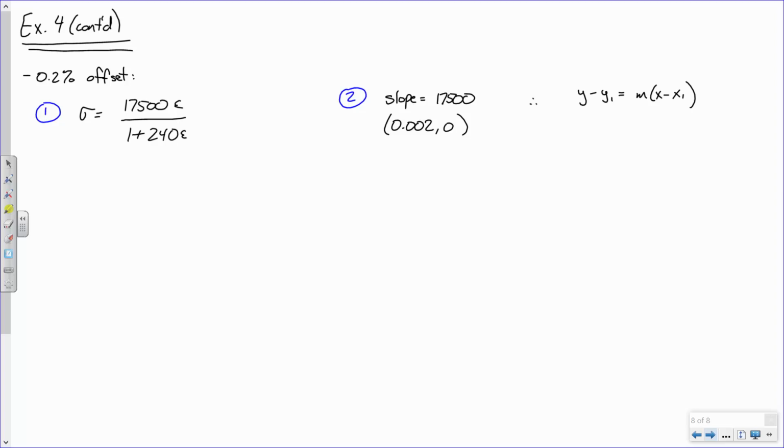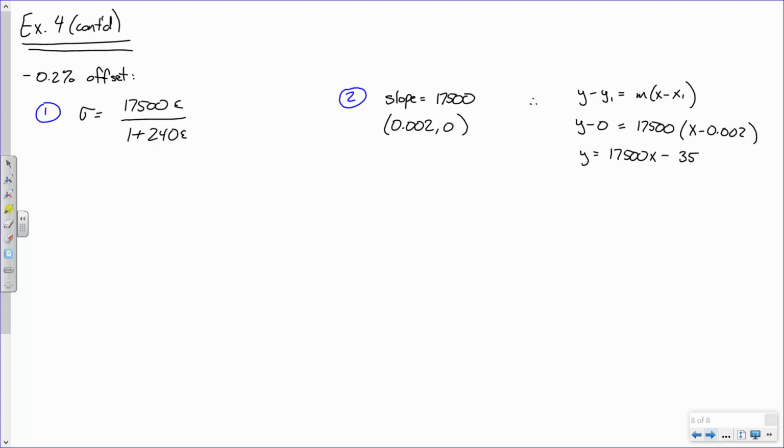All right? So y minus 0 equals 17,500 times x minus 0.002. So y equals 17,500 x minus, what is that? 35.